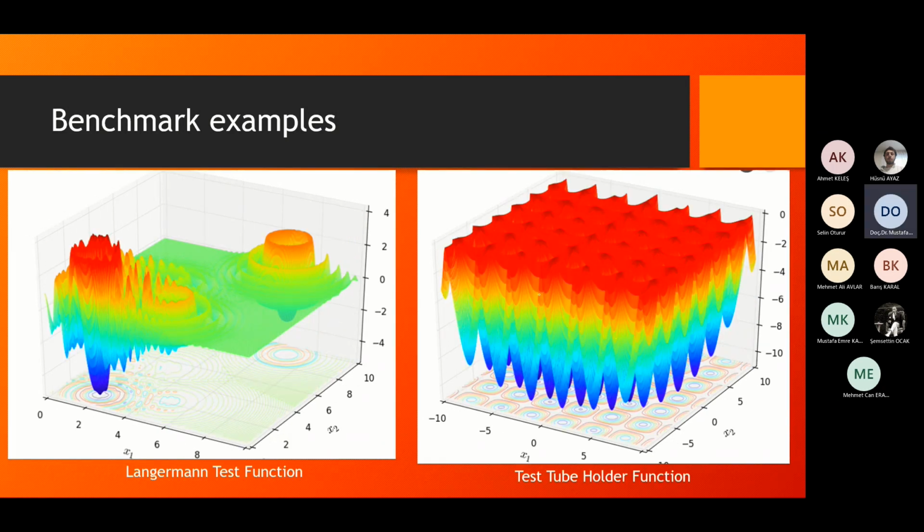Another test an algorithm has to pass is the Langerman test function. Imagine that you want to find the minimum point, and if you produce a solution and try to improve, when you come up here, you have to go worse, because in order to go down, you have to climb first.